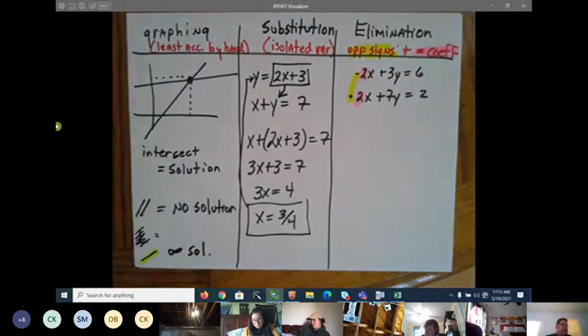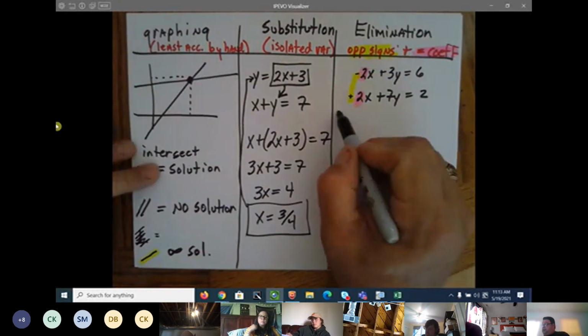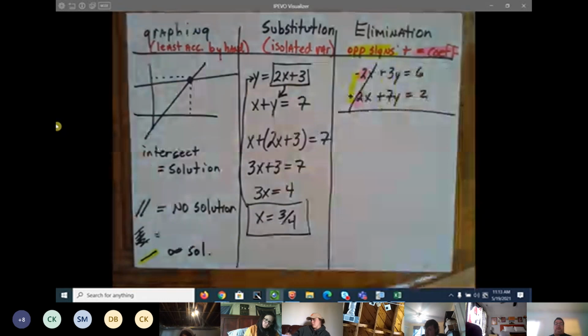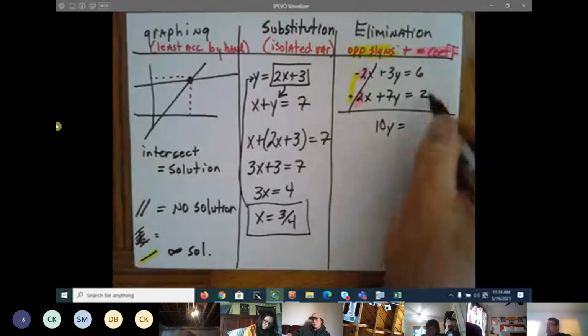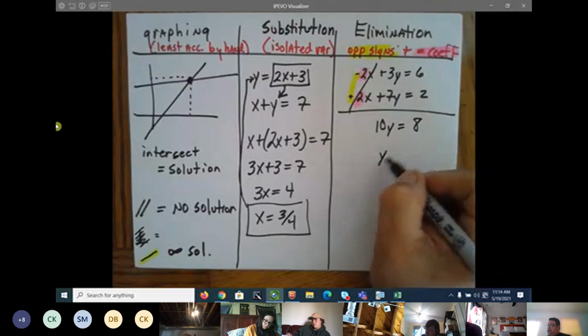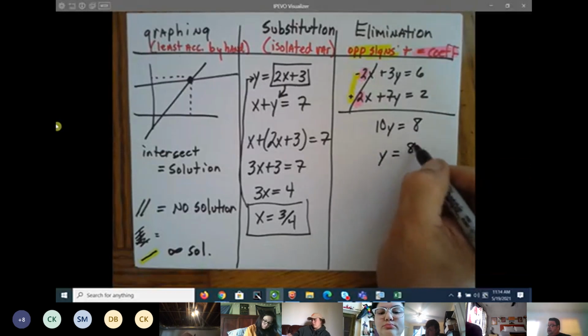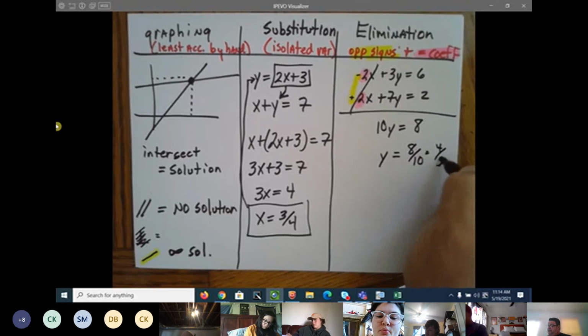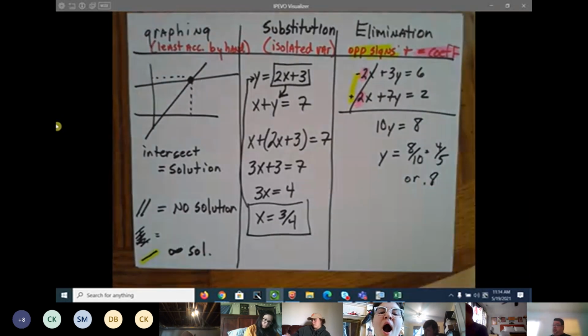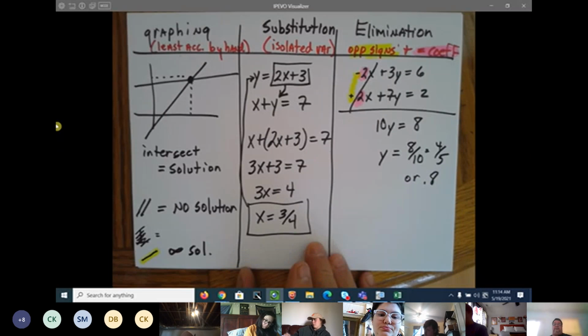So all you do is add the two together. Those two cancel, they eliminate, and you're left with 10y is equal to 8. y is equal to 8 over 10, which is 4 over 5, or 0.8. And then you back substitute to get x.